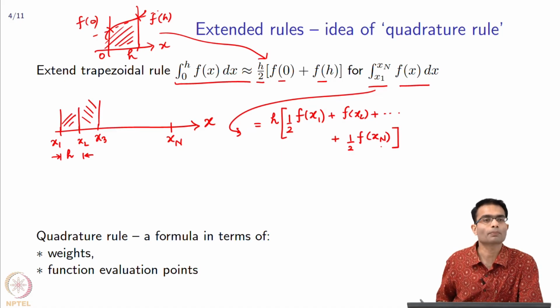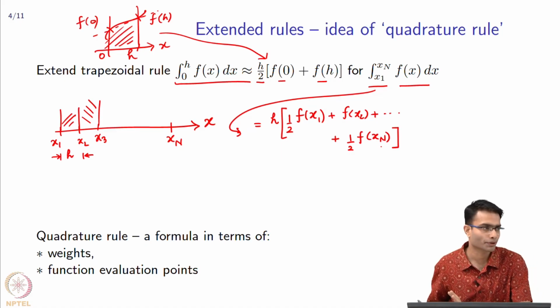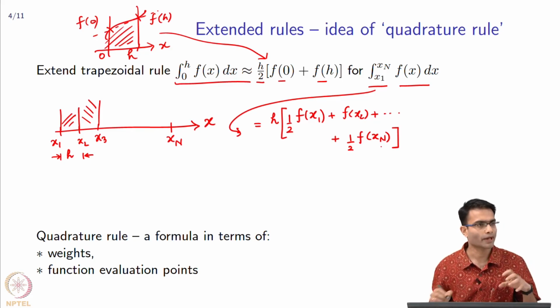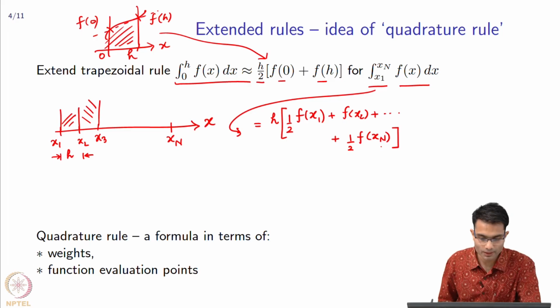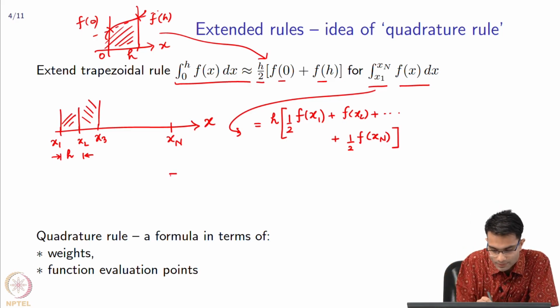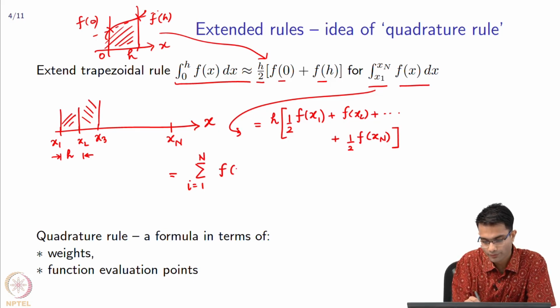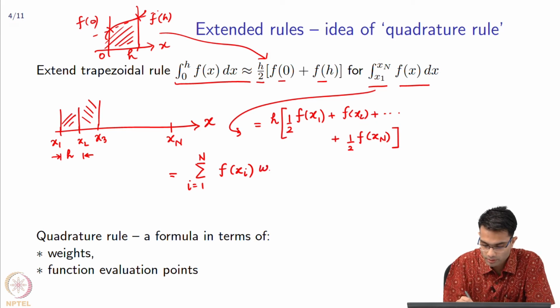Now, we could have stopped right here if this is all we wanted to do, but let's try to write it in a more standard way. And what is that standard way? Let's write this as a summation, i equal to 1 to n of f of x i multiplied by some w i.